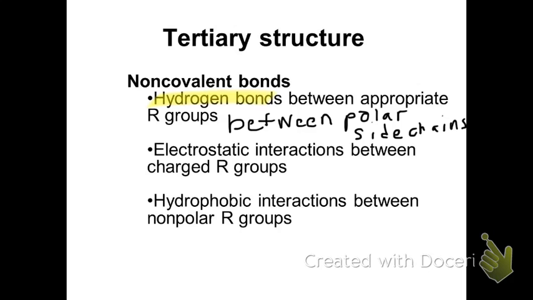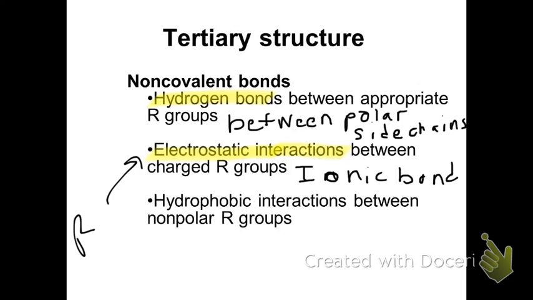And then we get electrostatic interactions. Electrostatic interactions are also ionic bonding. So these are like ionic bonds, and those take place between R groups that have a charge.